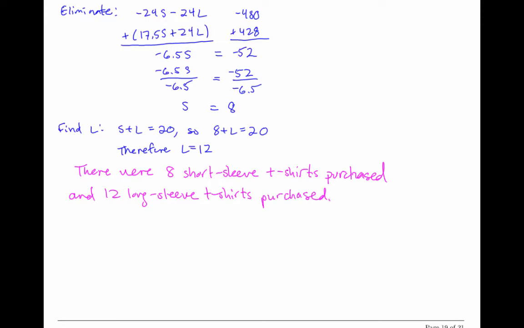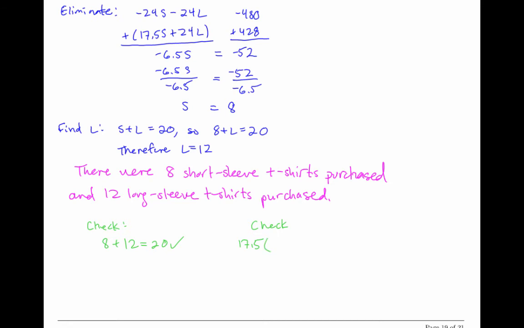As a final step, we'll want to check s equals 8 and L equals 12 in each of those original equations. So checking our first one, that one's very straightforward. We're just checking that s plus L equals 20. So we're checking 8 plus 12, yes, that equals 20. For our second check, we'll plug in s equals 8 and L equals 12 into that 17.5s plus 24L equals 428.